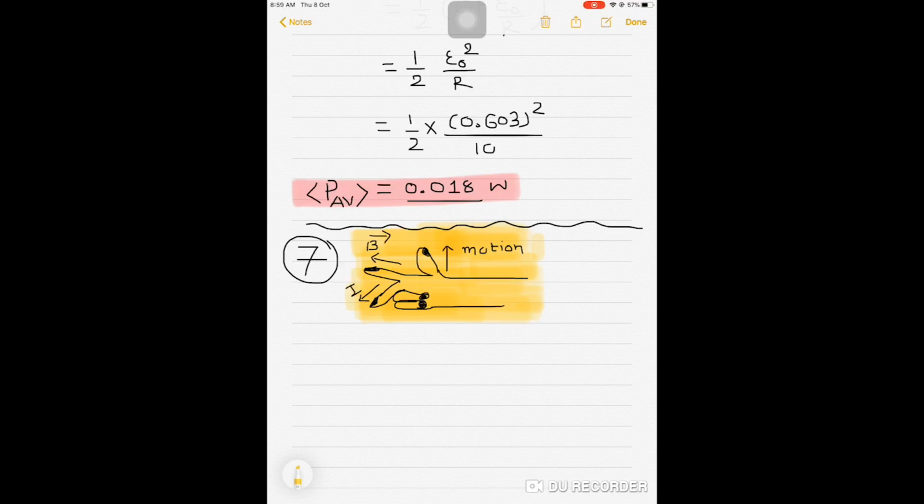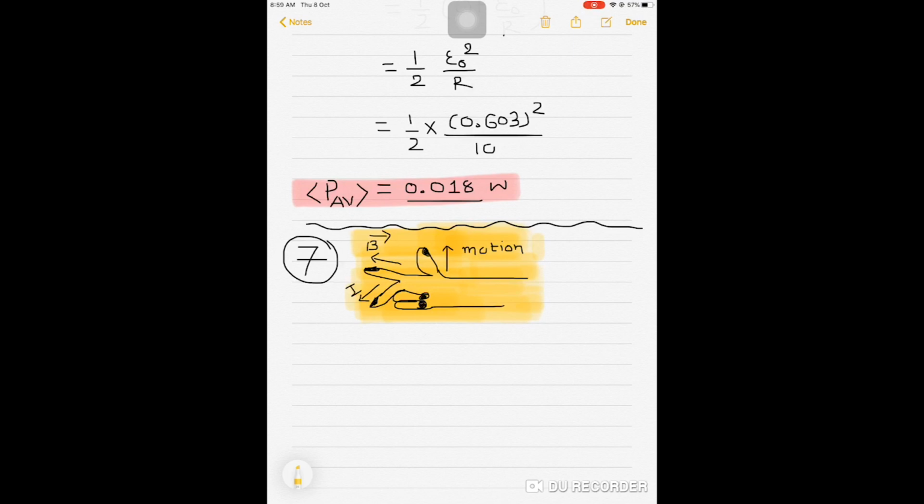It shows that if the motion is in the direction of the thumb and the magnetic field is in the direction of the pointer finger, then the current induced will be in the direction as shown. So now I can explain example number 7.